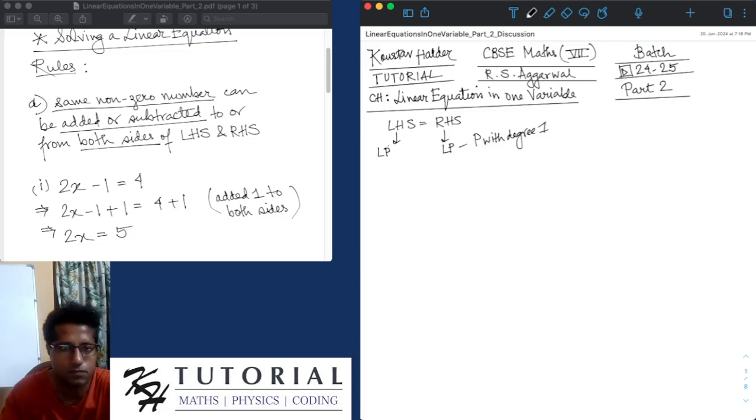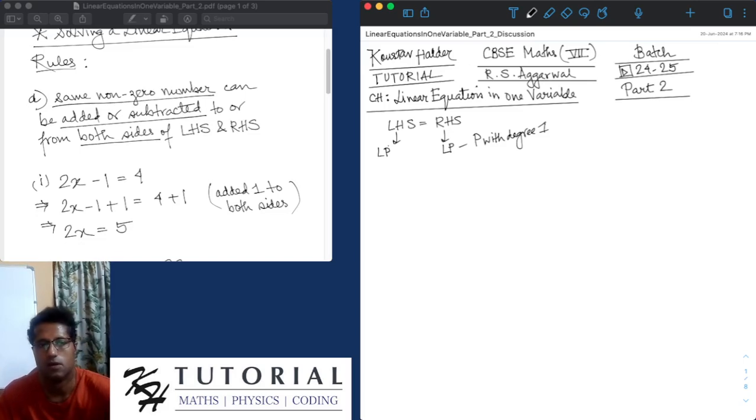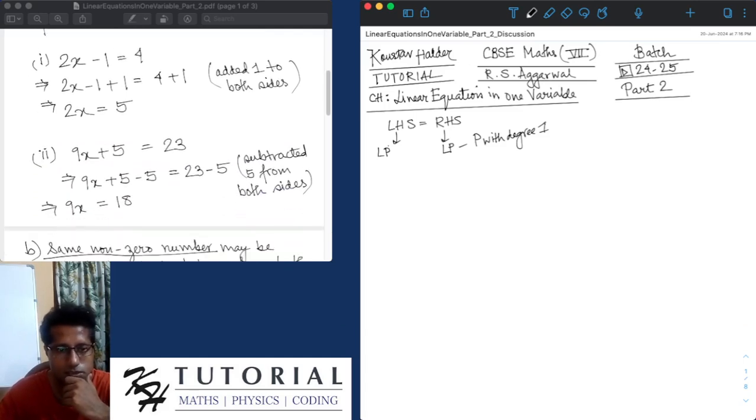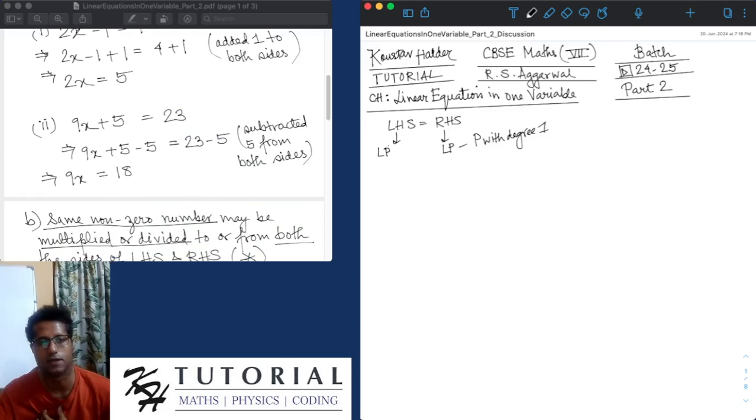That is, the linear equation will remain the same. For example, you can see in the notes, for the equation 2x minus 1 equals 4, we can add 1 to both sides. So we get 2x minus 1 plus 1 equals 4 plus 1. The LHS then becomes 2x and the RHS becomes 5. So the equation becomes 2x equals 5. In this case we added 1 to both LHS and RHS. You can see the second example. The given equation is 9x plus 5 equals 23.